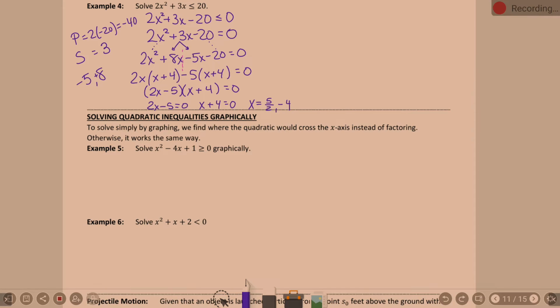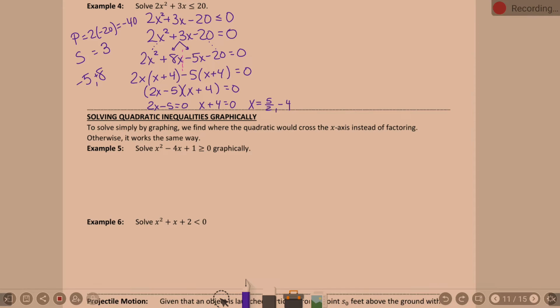And on the graph, what are we going to see there? Parabola. What's the graph going to do at 2.5 and negative 4, though? Cross the x-axis, right? Those are going to be the places we are crossing the x-axis.